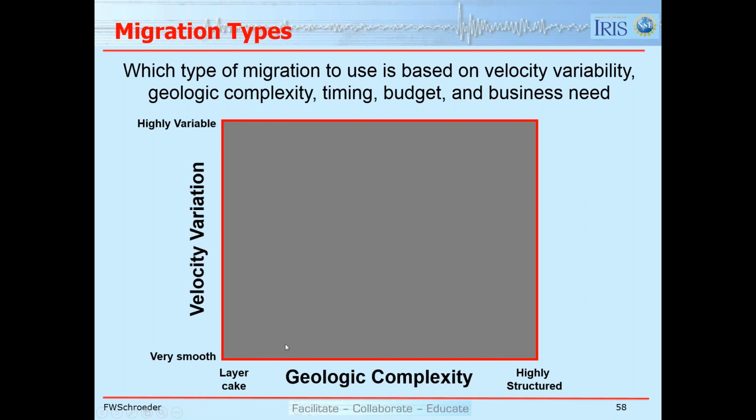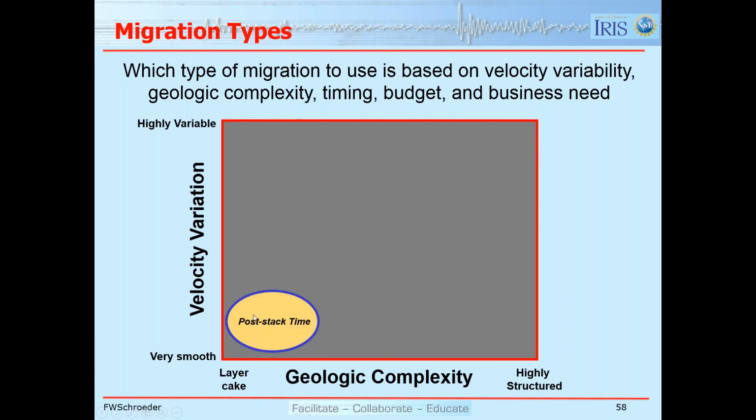What we consider is 2 factors: geological complexity, from very simple layer cake geology to highly structured geology. And then we look at how the velocities vary horizontally. Is it very smooth or is it highly variable?